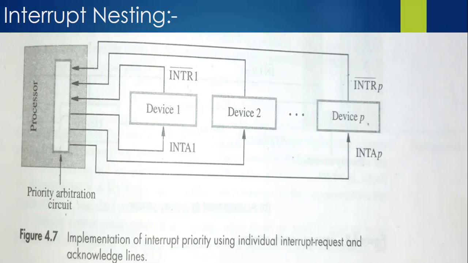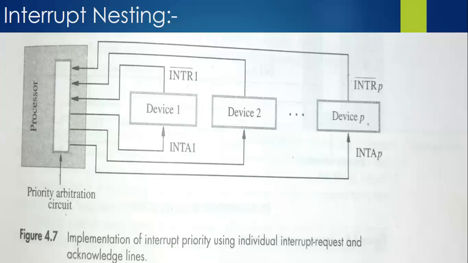Device 1, device 2, up to device P are the P number of devices connected to the processor. Observe one setup carefully. Instead of having a common interrupt request line and common interrupt acknowledgement line for all the devices, we are providing an individual request line and individual acknowledgement line for each device.